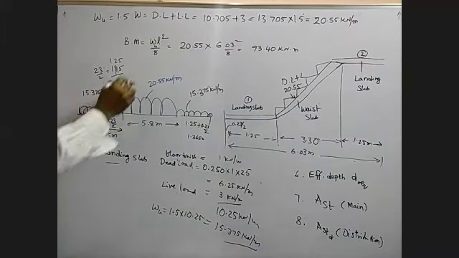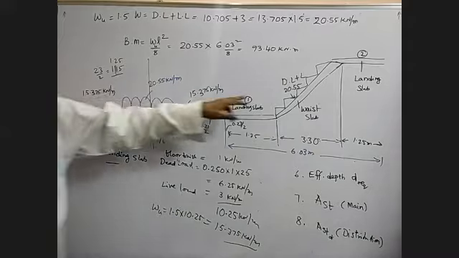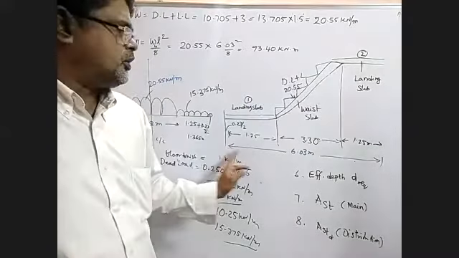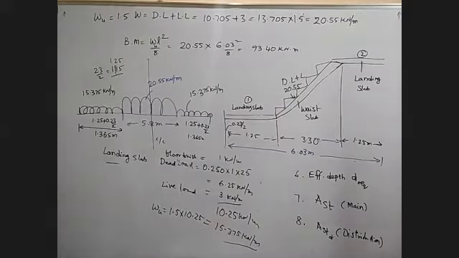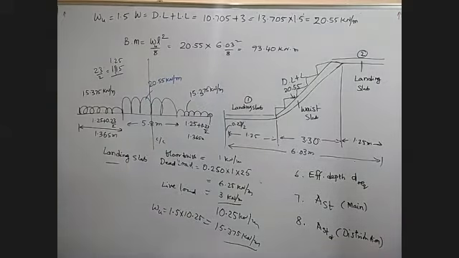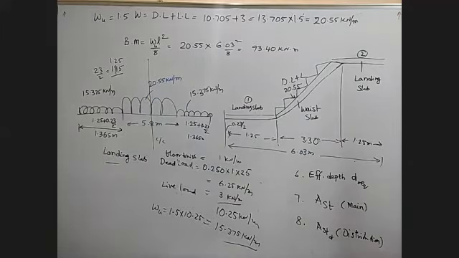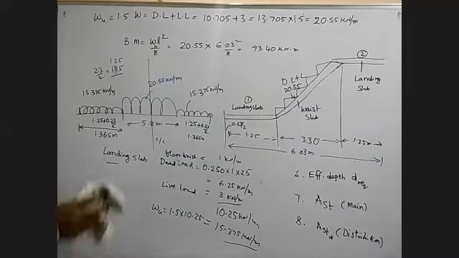Now we have to find out the bending moment at the center. Okay, see what he did: the simple method is that he took this same load here on the landing slab also. The total effective span of 6.03 meters came, and WL square by 8 is 93.4. Now we are trying to find the actual bending moment at the center. Now we will find the dead load and live load of the landing slab.